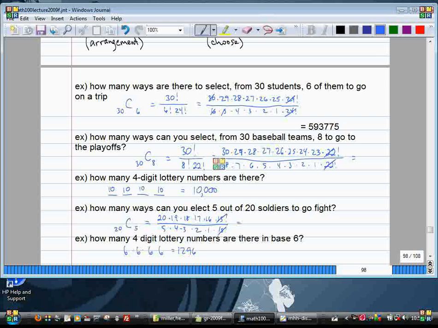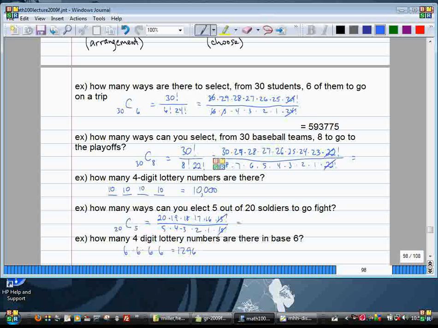So notice that in this case you can simply say I have 4 events, and I can identify how many possibilities there are for each event, so I can just multiply. Notice that you don't want to do that for the previous problem. Well, you could do it that way, but then you also have to divide out.